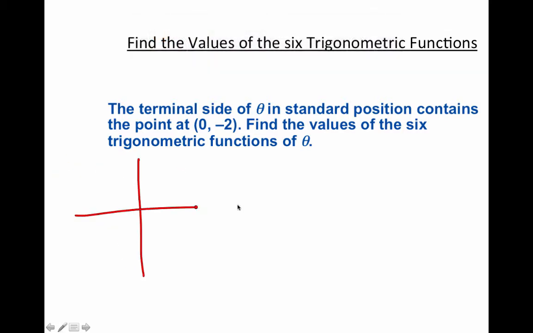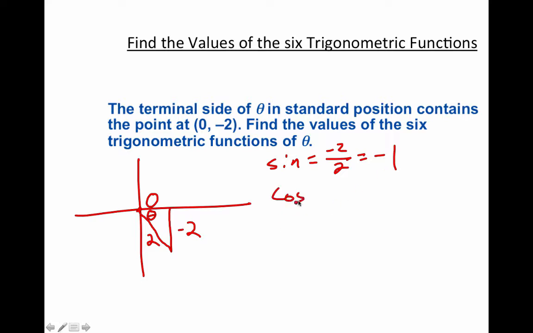little bit confusing for them, and I don't want to confuse you. So let's draw a triangle. I go 0 to the right and down 2, and I know that my radius would have to be 2. So I draw my theta in there, and I say sine is equal to opposite over hypotenuse, and cosine is adjacent over hypotenuse, and tangent is opposite over adjacent.